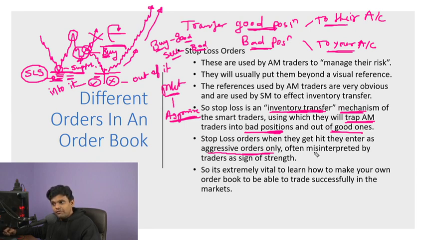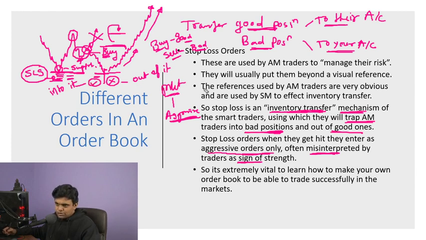And they are often misinterpreted by traders as a sign of strength. They believe that when it goes down and you see a lot of stacked sellers, amateur traders feel that this is a sign of strength, whereas it is actually a sign of weakness. It is a sign of stop hunt.